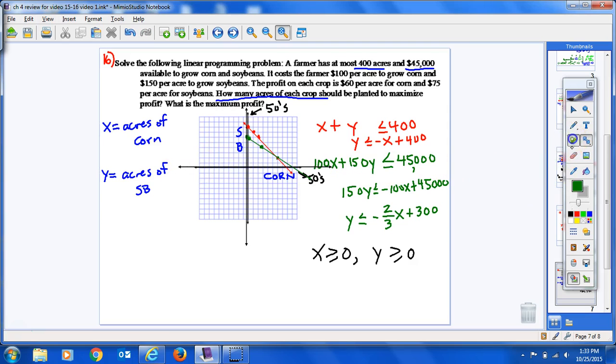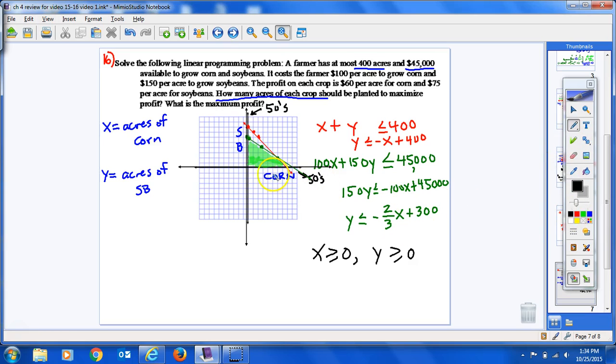Okay, so that means all of our shading converges in this region right here. Since the red and the green are both less than, and my two other constraints, because we're not going to plant a negative number, are both greater than, that represents the feasible region.